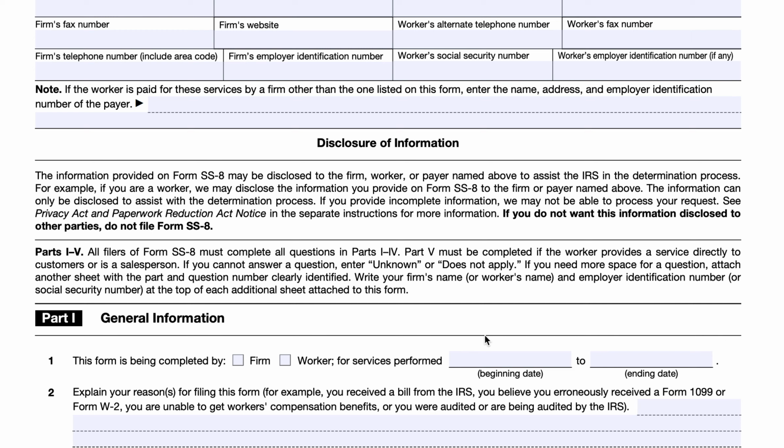If you can't answer a specific question, you can always enter unknown or does not apply. Again, Part 5 does not need to be completed unless you are a service provider directly to customers or if you're a salesperson. If you need additional space, you can always attach another sheet.